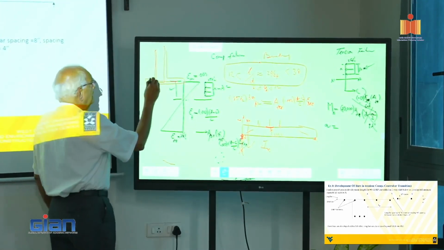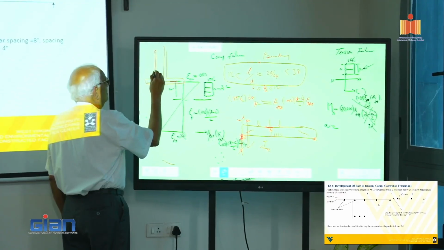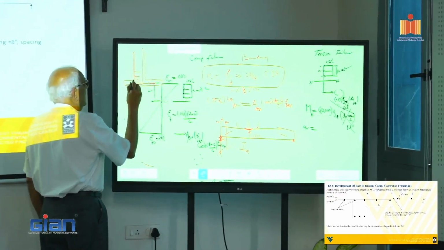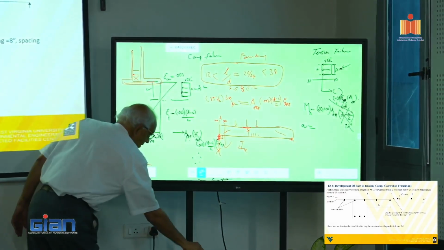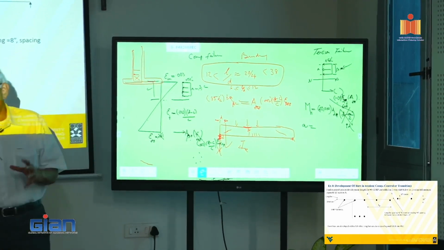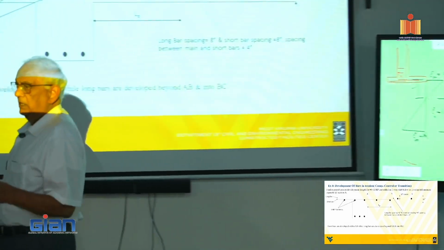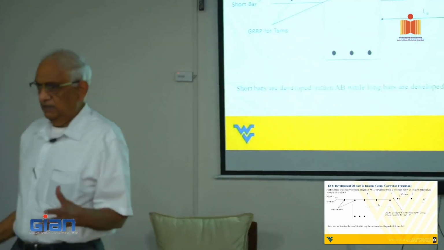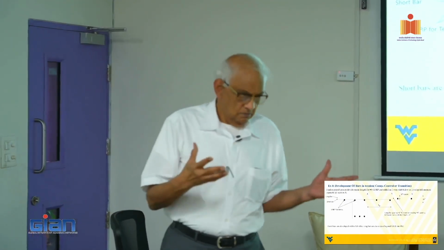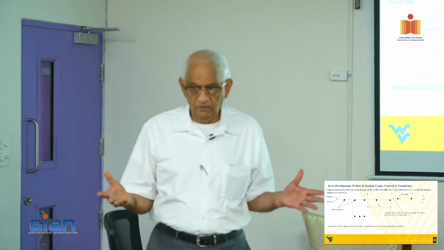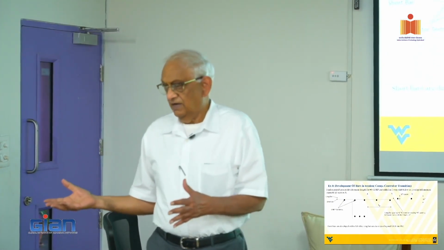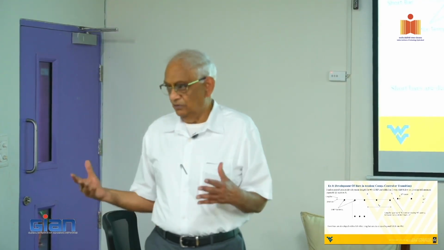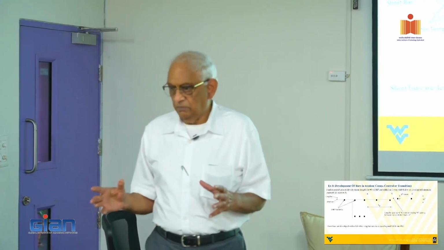And you have stirrups there, and that is your zone where the hinge would form. So it's very important in FRP because of compression type failure, because of lack of ductility. It's good to have wherever possible.